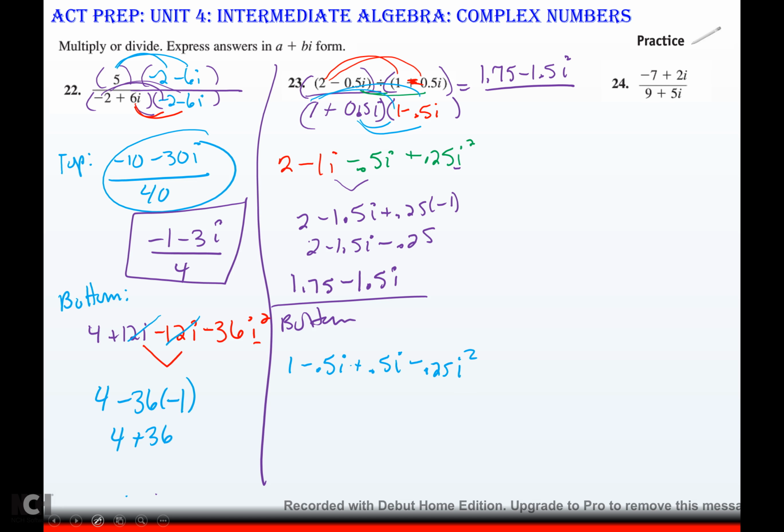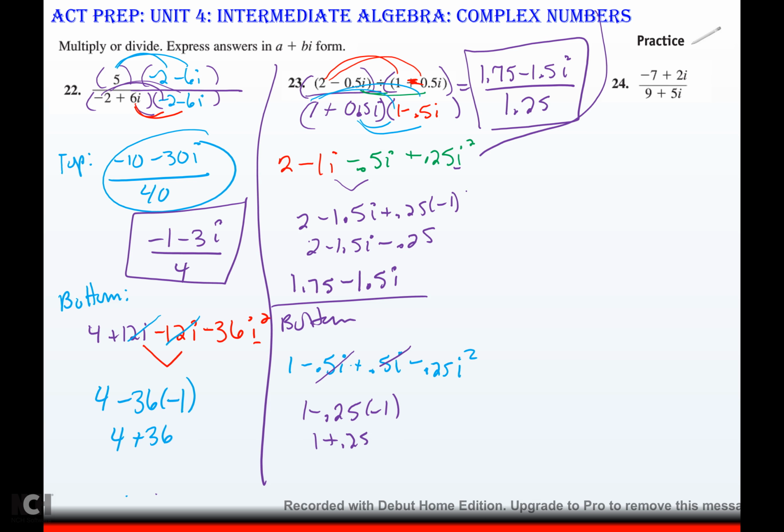Alright, so now if I clean it up and replace i squared, the middles cancel because I was doing conjugates, and I get 1 minus 0.25 times negative 1. That gives me 1 plus 0.25, which makes my bottom 1.25.